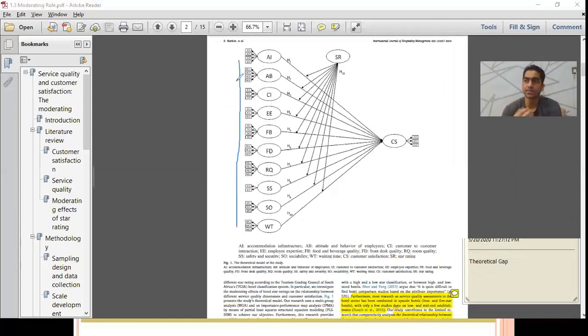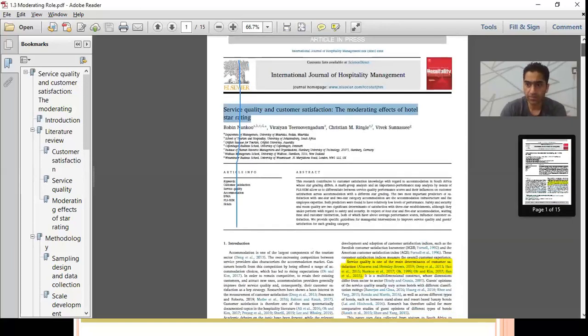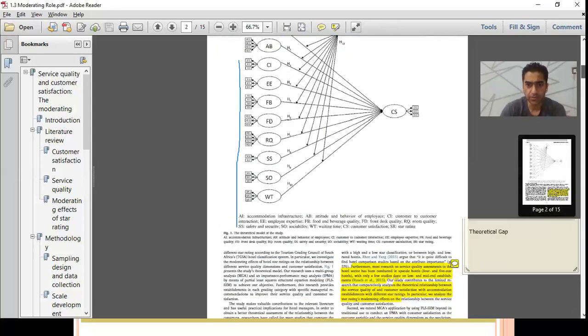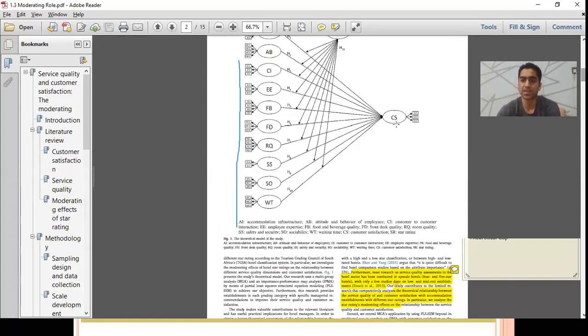It is a comprehensive construct, a composite construct, and it comprises accommodation, infrastructure, attitude and behavior of the employees, customer to customer interaction, employee experience, food and beverages, etc. So there are so many things which explain this phenomenon, and that is the service quality, right?